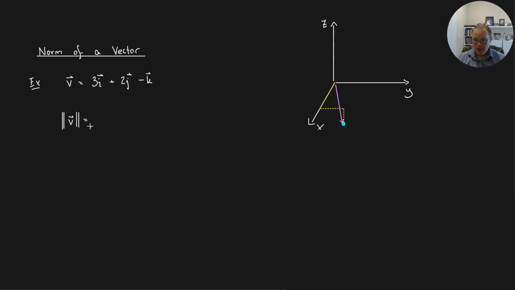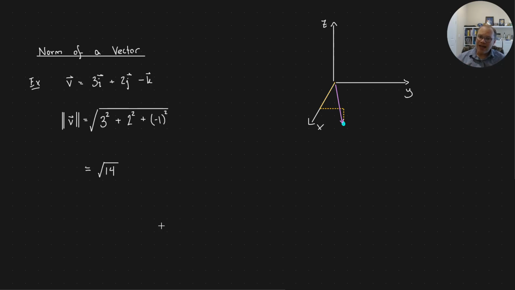It would be the square root of the first component squared plus the second component squared plus the third component squared. That's the general formula for finding the norm of a three-dimensional vector. You take the sum of the squares of the components and square root them. In this case, what do we get? We get 9 plus 4 is 13 plus 1 is 14. The length of this vector is square root of 14.